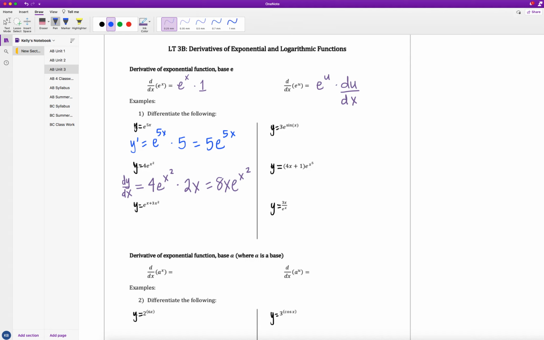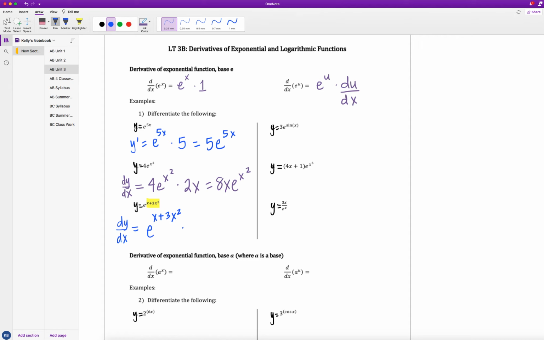Look at example C here. We have y equals e to the x plus 3x squared. This whole x plus 3x squared is in our exponent there. When we go to find our derivative, I'll call it dy over dx again. The derivative of any exponential is the function itself. So I still have the e to the x plus 3x squared times, now I have to take the derivative of the exponent.